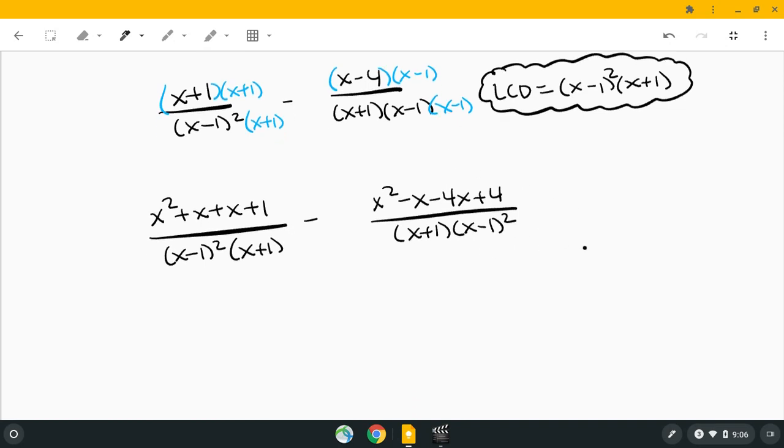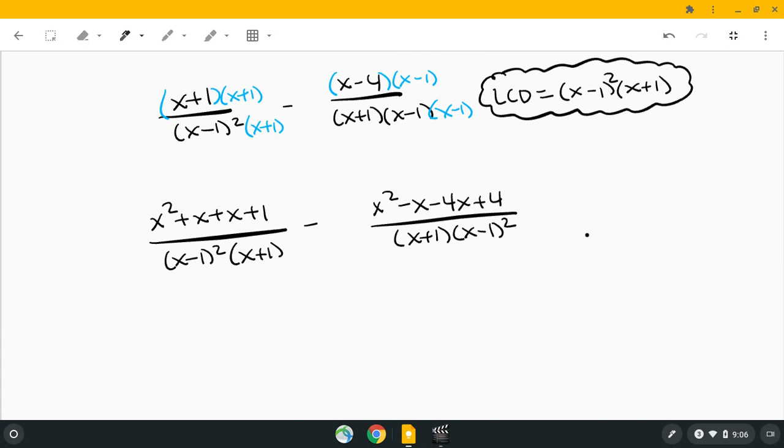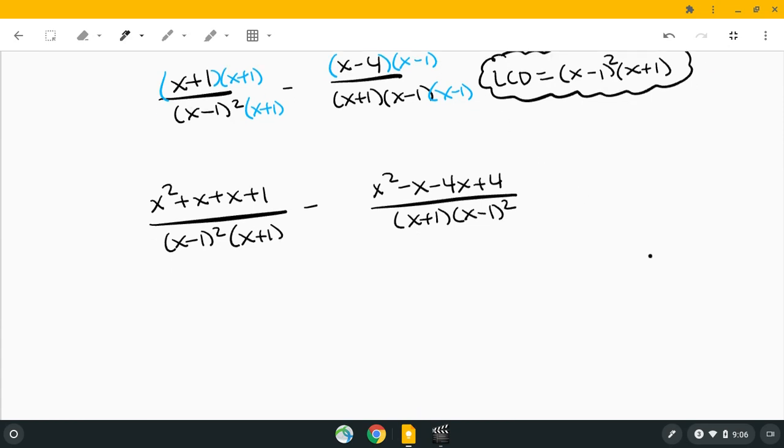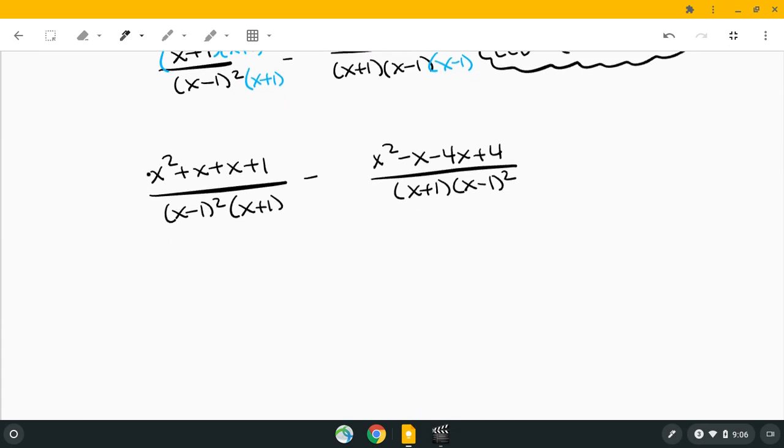All right, so I multiplied everything out. Let me just double check. x squared, negative x, negative 4x, positive 4. Now I can go ahead and combine like terms. Now, careful here, because this is subtraction. So this subtraction, you need to make sure it gets distributed.